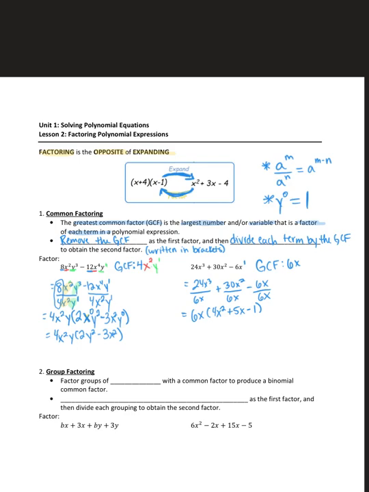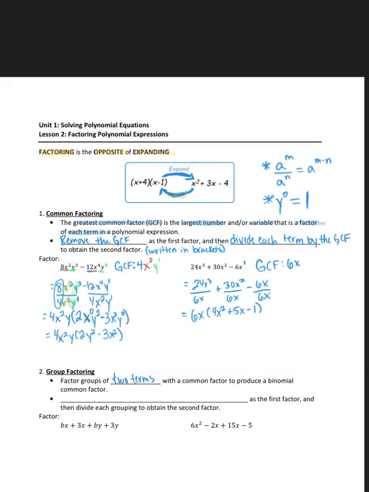So when we're factoring by grouping, we're going to take some terms and group them and just factor from that group of the expression. So we're not factoring from the entire expression, but just a group of terms. So factor groups of 2 terms with a common factor to produce a binomial common factor.